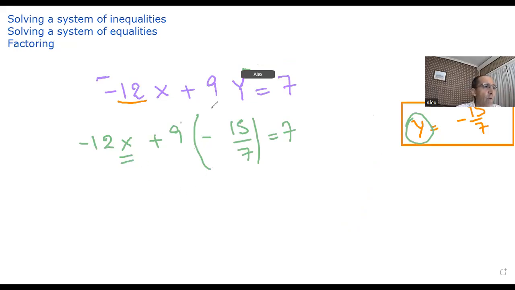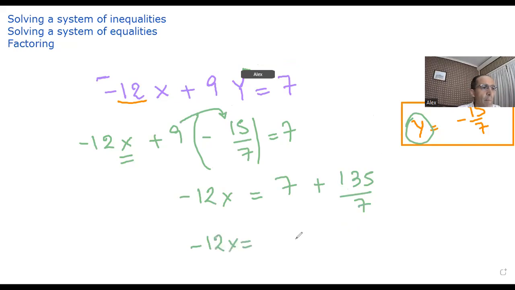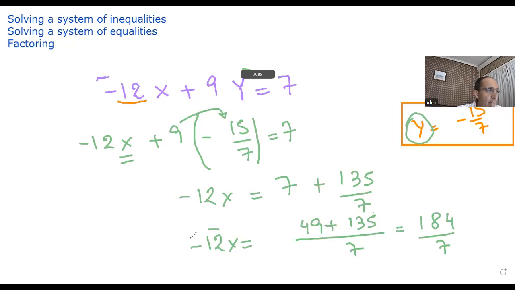So this here we multiply it and then we take it to the other side. And this minus 12, we can get it to the denominator of the other side.